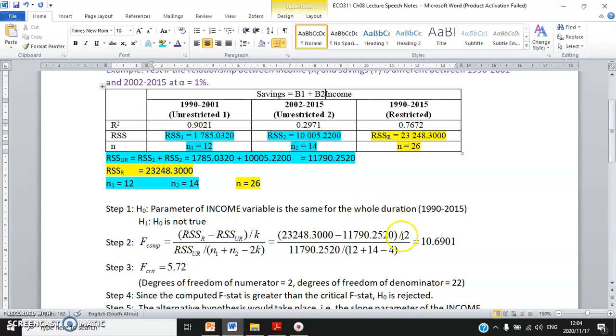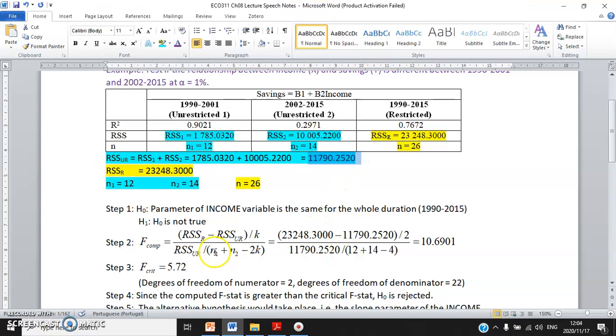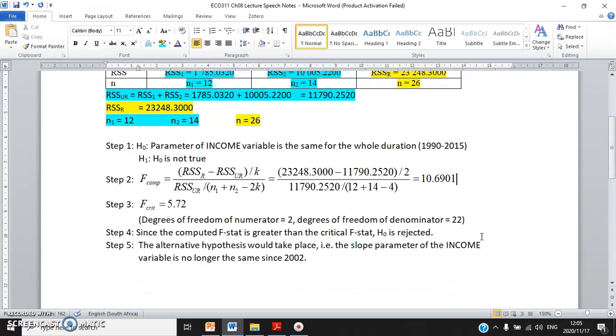So k is equal to 2, divided by RSSUR, we already know it, 11790 something, divided by, just be careful with this equation, you must use bracket, N1 12 plus N2 14 minus 2 times k, 2 times 2 gives you 4. So that's 26 minus 4, that gives you 22. Then this is my computed F-stat, 10.6901.